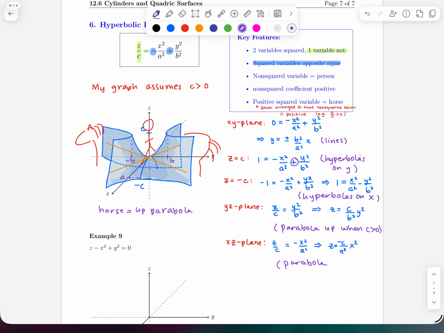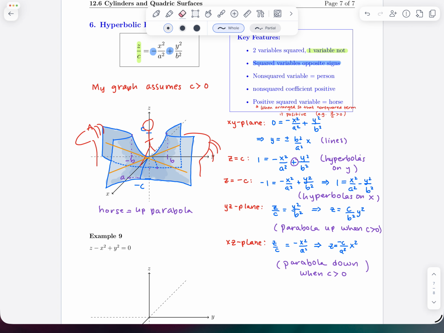Write out the equation of the trace. Is your parabola up? If it's up, then that's your horse axis. If it's down, then that is not your horse axis. So in this case, the way I've drawn my picture, because I've assumed that c is positive, I get a parabola down when c is greater than 0.